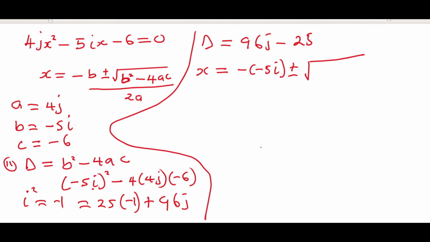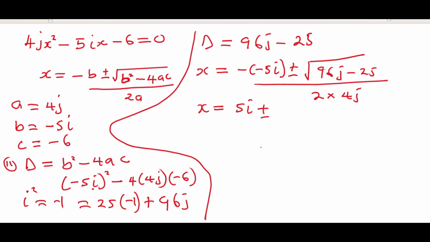D is equal to 96j minus 25, over 2 times 4j. Therefore, our x is now equal to 5i plus or minus root 96j minus 25 over 8j.